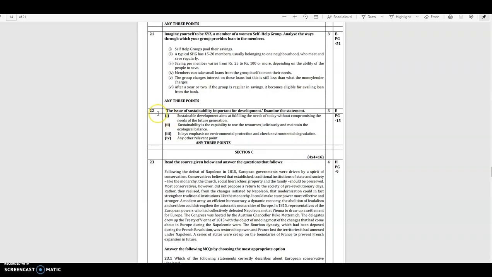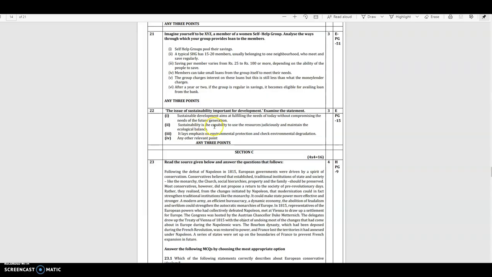The next one, the issue of sustainability is important for development. Examine the statement. First point, sustainable development aims at fulfilling the needs of today without compromising the needs of the future generation.